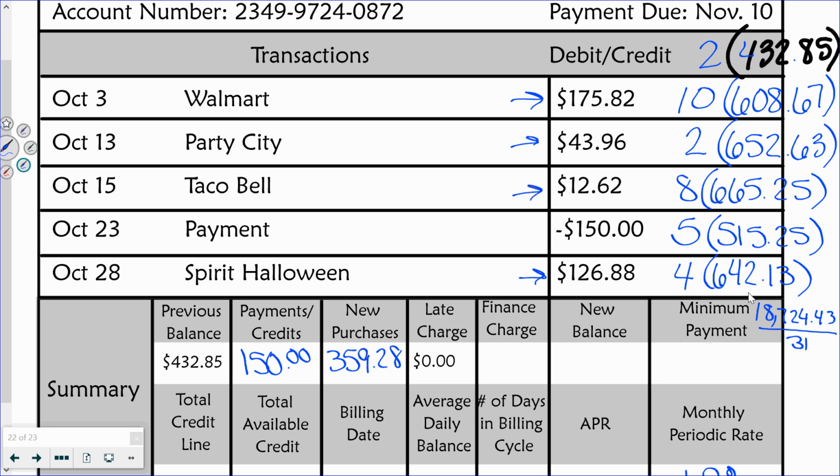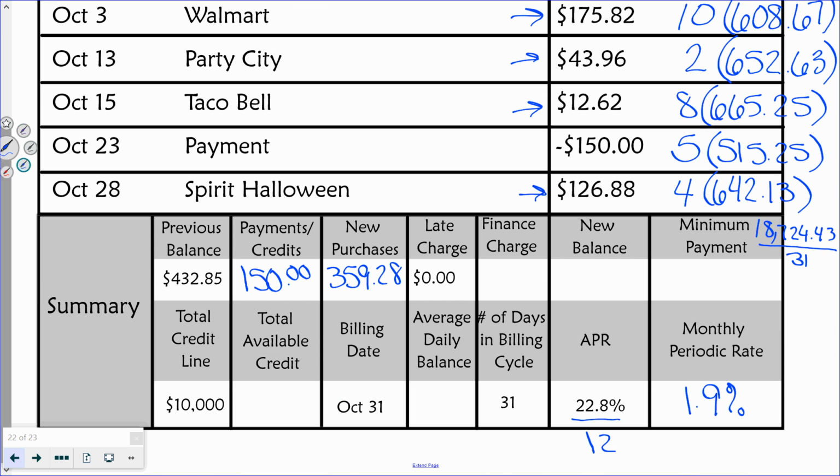All right, so this, where does that go? What did I just find? That's my average daily balance. So 604.01, guys. You probably got like 2 plus signs or something going on in there. All right. Okay, that was average daily balance.